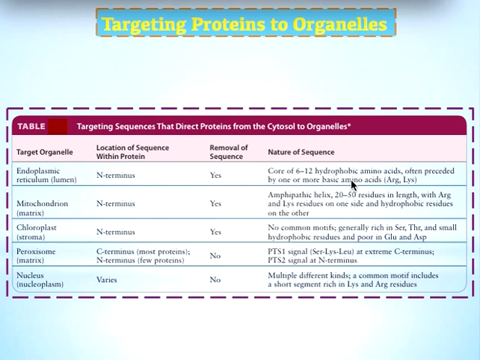At one of the ends there are arginine and lysine, and on the other side there are hydrophobic residues. Therefore, compared to the endoplasmic reticulum signal sequence, the mitochondrial signal sequences are a little larger. We do not know the reason yet.